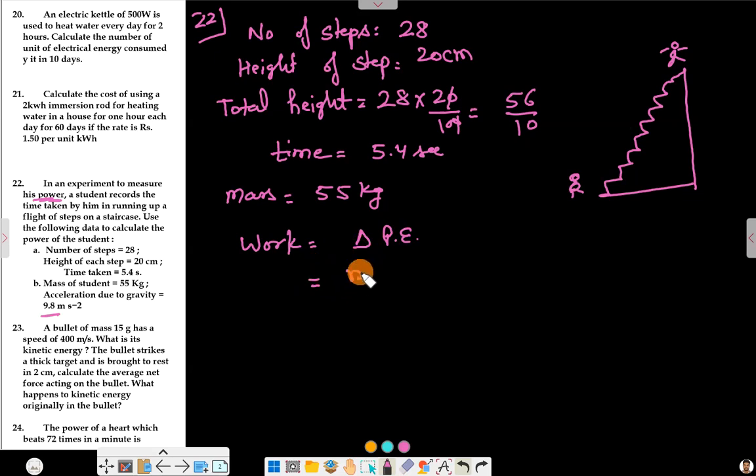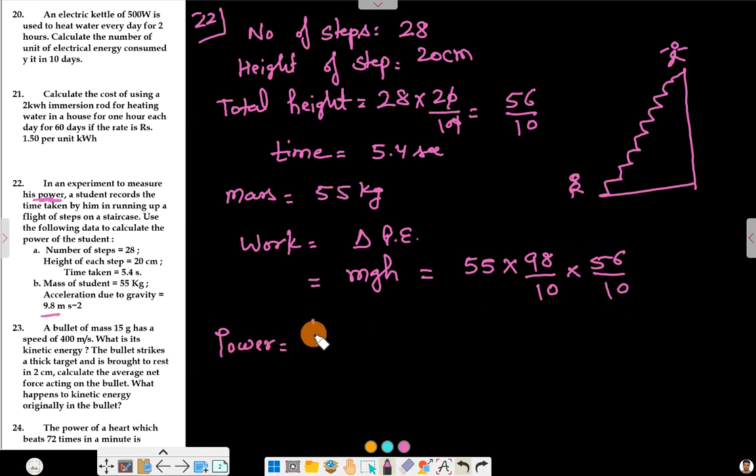So here work is equal to potential energy, whose formula is mgh, and m is the mass, 55, g is 9.8 or 98 by 10, and height is 56 by 10. Okay, now for power, power is equal to work upon time.